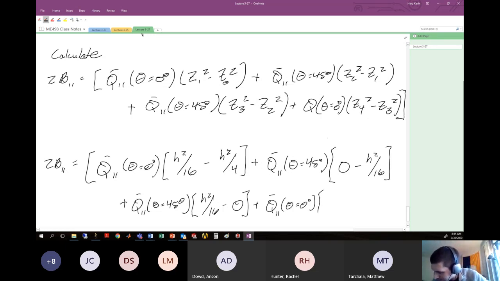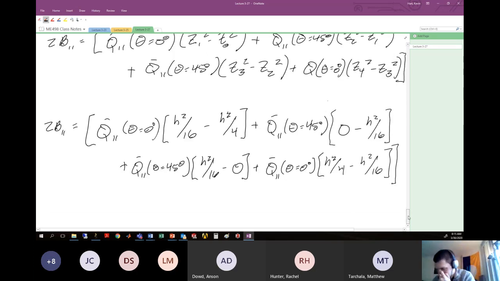This is my last layer contribution, and here this is z4 squared minus z3 squared. z4 is at h on 2, so this becomes h squared on 2 minus h squared on 4 minus h squared on 16. All right, so this is my full B11 entry.